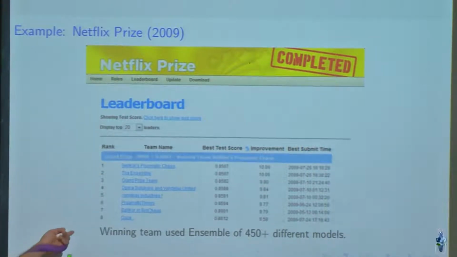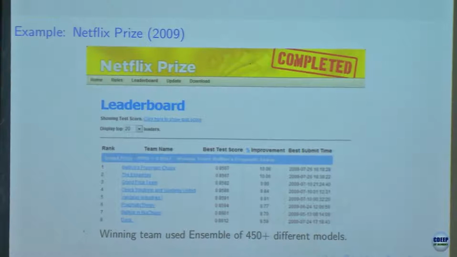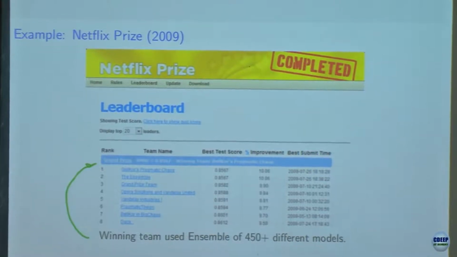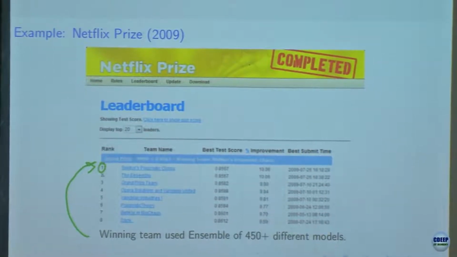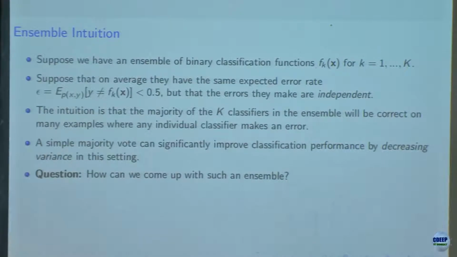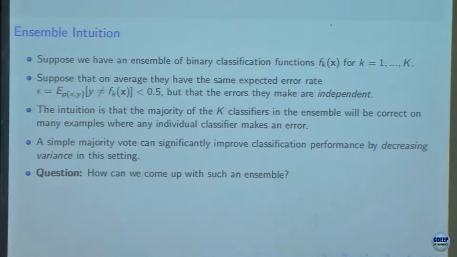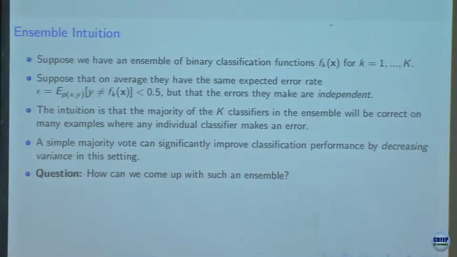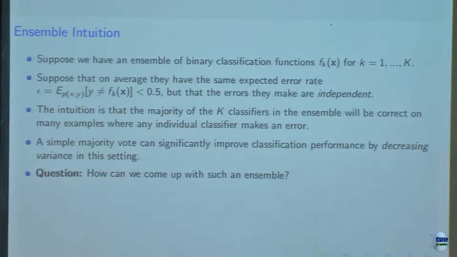The winning team used an ensemble of 450 plus different models. This winning team, this is BellKor's Pragmatic Chaos. Okay, so even the second one, the name itself is the ensemble. So it works in practice. Okay, then here's the intuition. Let's say I have multiple binary classification functions. Let's start with simple classifiers, binary classifiers.